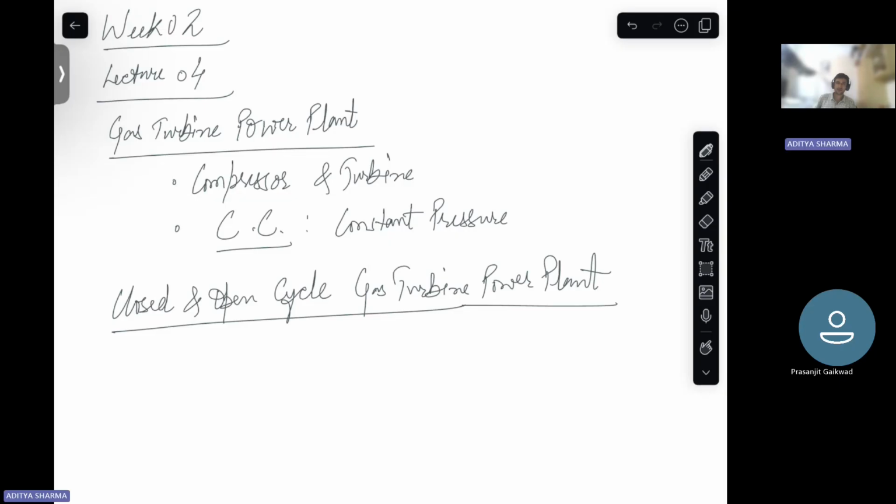If the working fluid that enters the compressor and goes to the combustion chamber and from there goes to the turbine is, by some means, returning again to the compressor, in that case we call it a closed cycle gas turbine. And in case the working fluid is not returning from the turbine and coming back to the compressor, in that case it's an open cycle gas turbine.